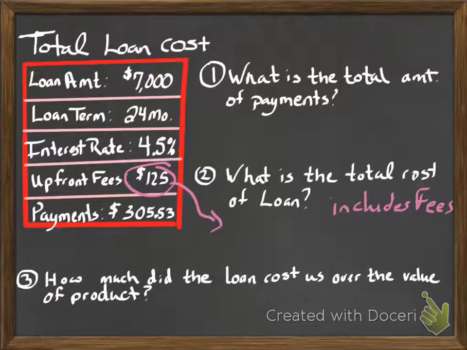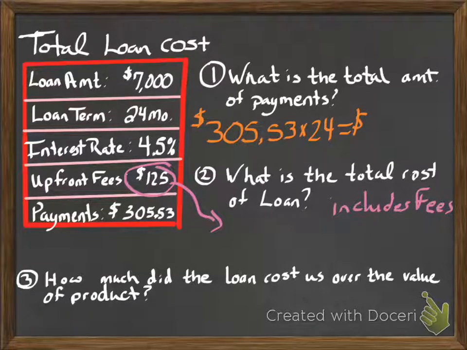Multiply. So we're going to multiply the payment times how many months we're making the payment. We're going to multiply $305.53 times 24. That's how many payments we're making. That gives us a total amount that we're going to pay of how much?